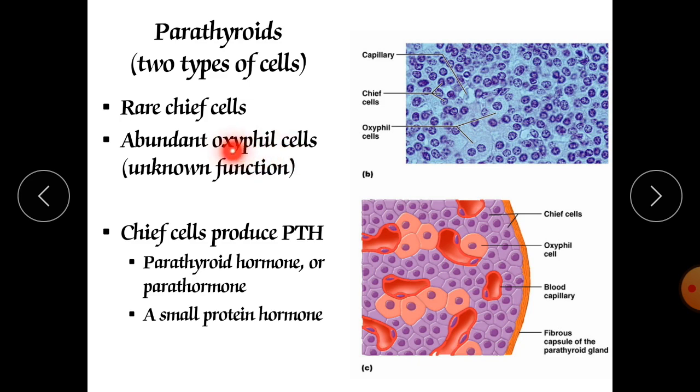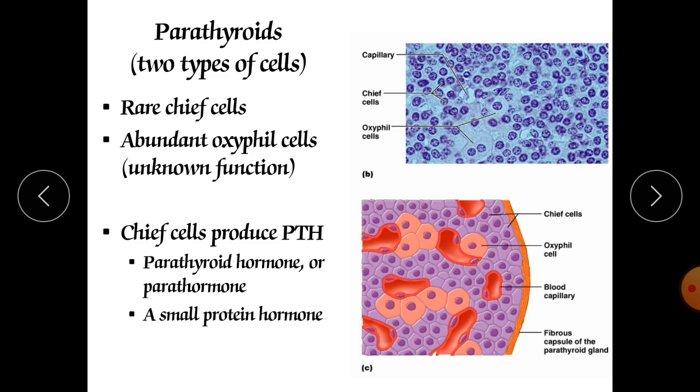Another is called the oxyphil cell. It is abundant, but its function is unknown in the normal parathyroid gland. However, its presence clearly helps to identify the parathyroid gland histologically due to its unique staining characteristics. Furthermore, in cancer of the parathyroid glands, oxyphil cells secrete excess parathyroid hormone.